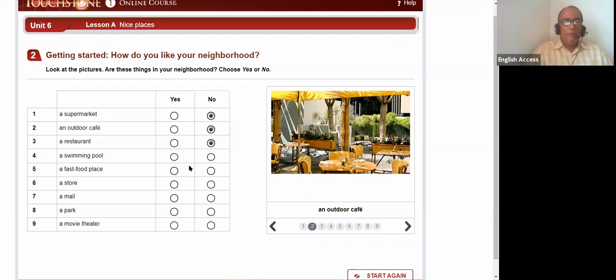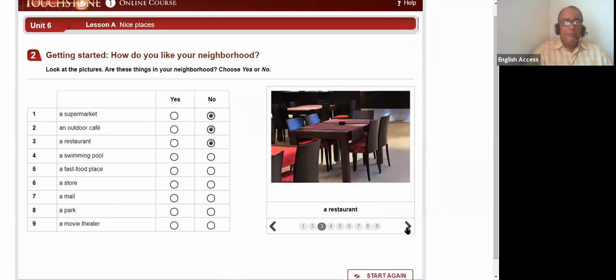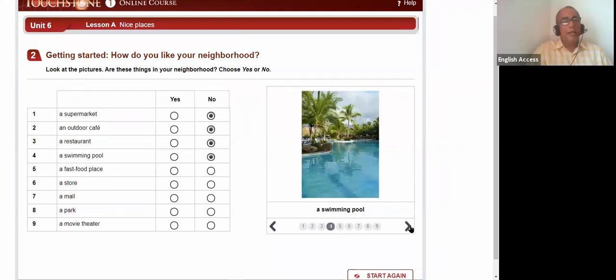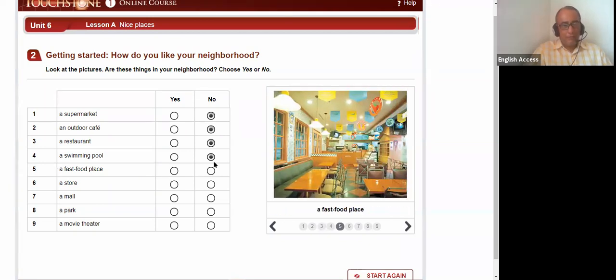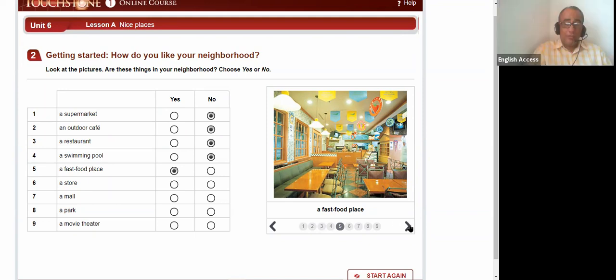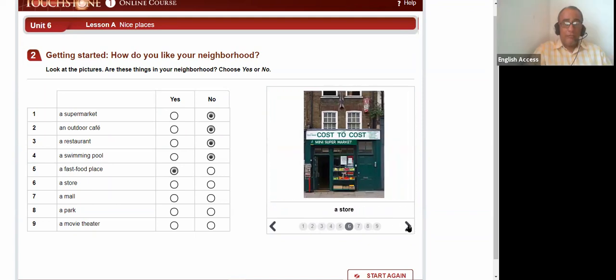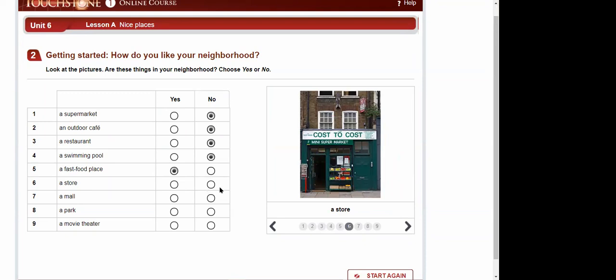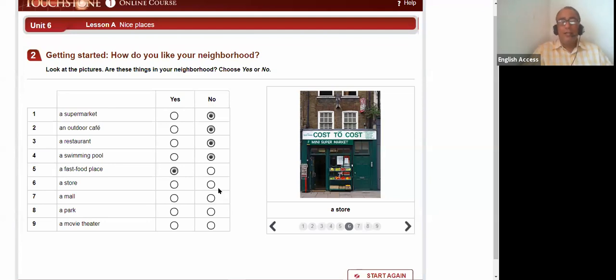A swimming pool? No. No. A fast food place? Ahí sí entra. Maybe yes. McDonald's, maybe the picadas Doña Chona. A store, a convenience store. Maybe not an Oxxo, maybe the shop around the corner, la tienda de la esquina. Do you have stores near your house?